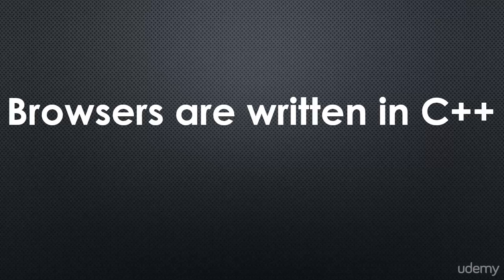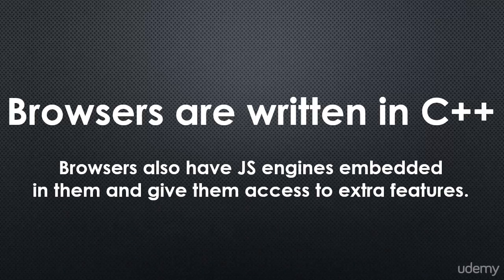And while only Google Chrome uses the V8 engine, in general, browsers also have JavaScript engines embedded in them and give those engines access to features beyond what the JavaScript specification says JavaScript should be able to do.